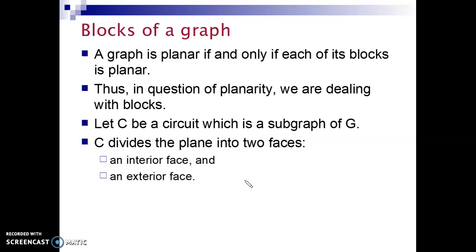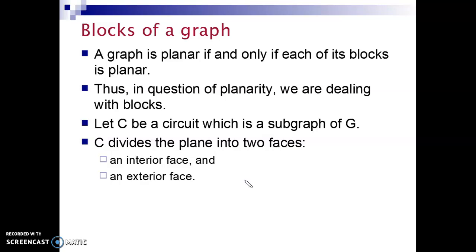So in question of planarity, we are dealing with blocks, which means you can divide a graph into its blocks, if possible, and examine each block in terms of planarity, and finally decide whether the graph is planar or not, based on the planarity of its blocks.